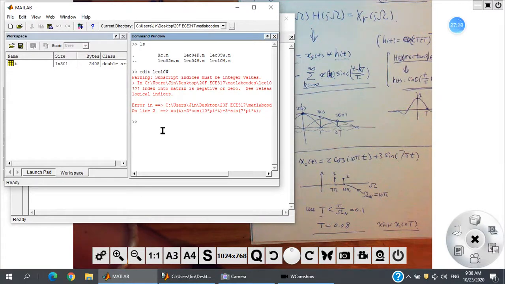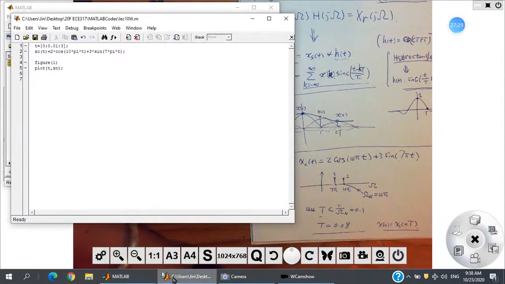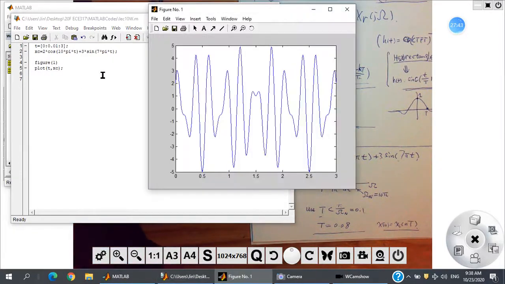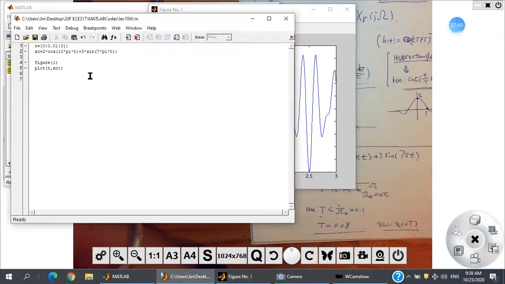What is wrong? Index into matrix negative or 0. Oh, sorry, I don't need this. Just xc will be fine. This is a vector, t is inside. Alright, this is xc. It looks like this.